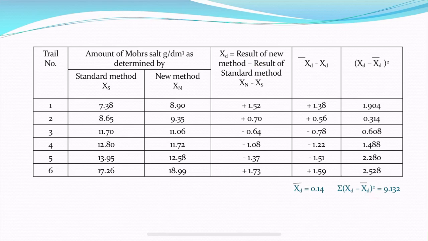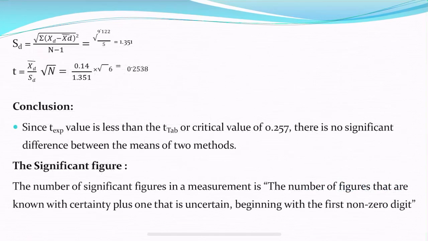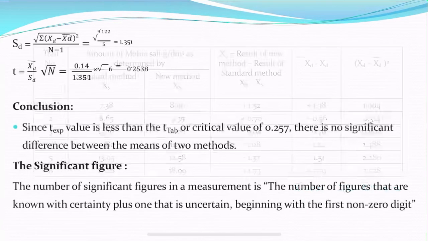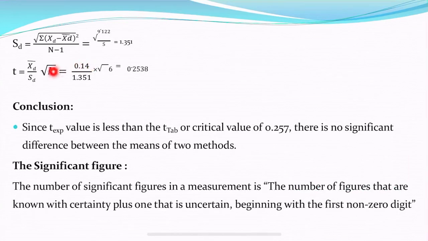With the help of this value he calculates the standard deviation, and he found the standard deviation to be 1.351, and with this he has got the mean difference value, which is 0.14, and the standard deviation value is 1.351.